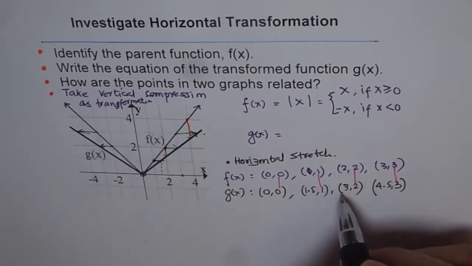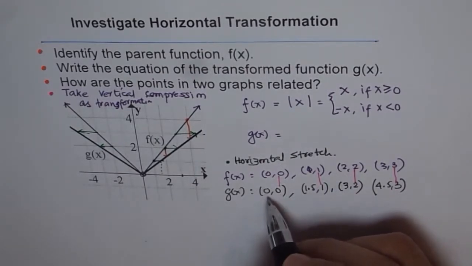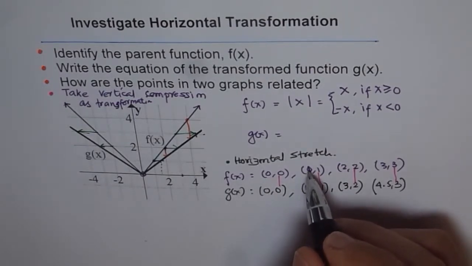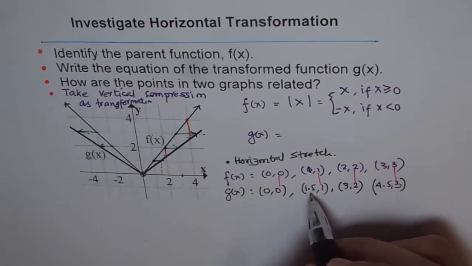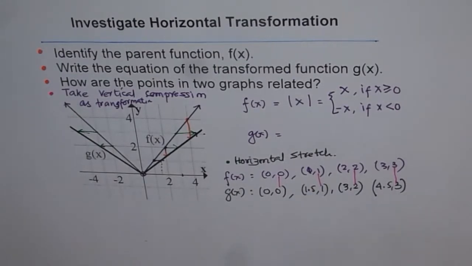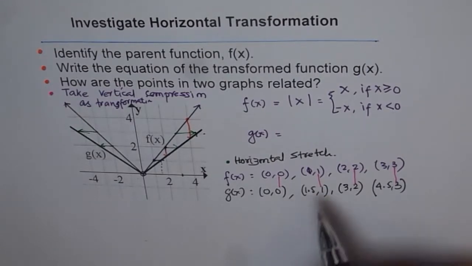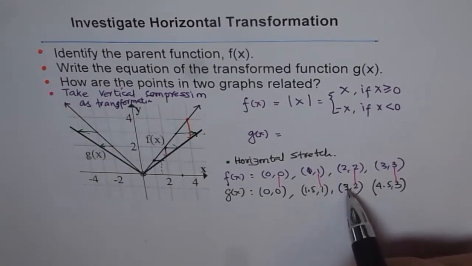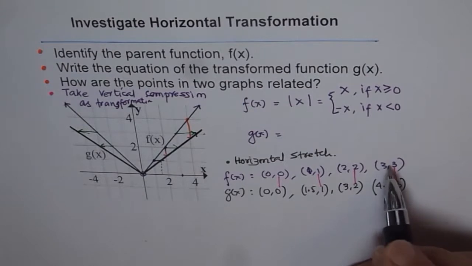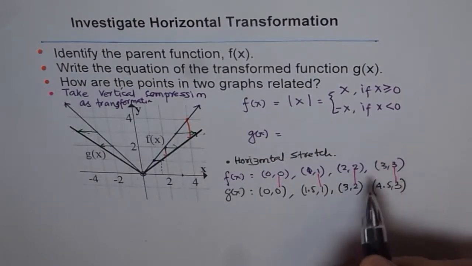Now inside, what is happening? 0 multiplied by any number will give you 0. 1 multiplied by 1.5 will give you 1.5, right? And 1.5 is 3 over 2. Similarly, 2 times 1.5 is 3, and 3 times 1.5 is 4.5. So the sequence works.